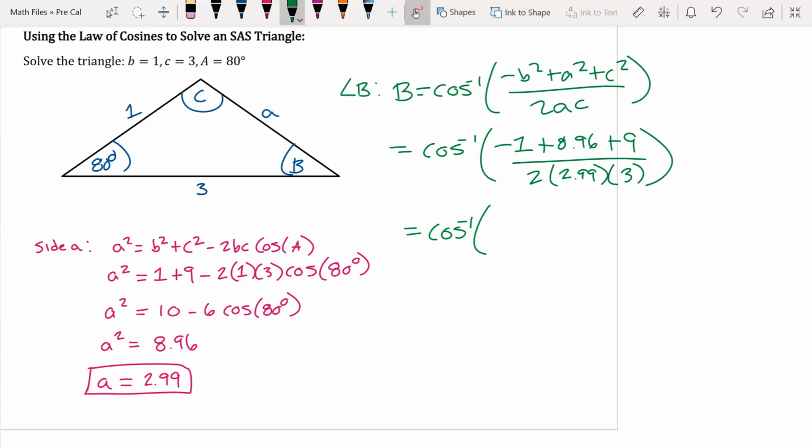Negative 1 plus 9 over 2 times 2.99 times 3. And I will get that angle B is 19.22 degrees.